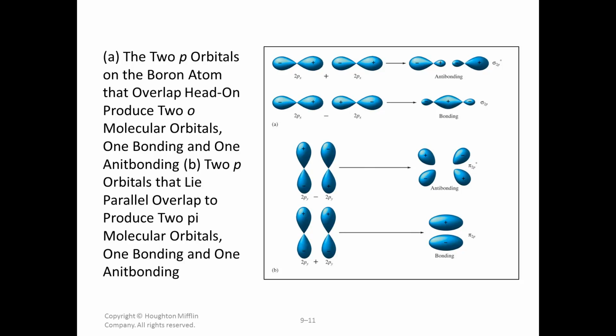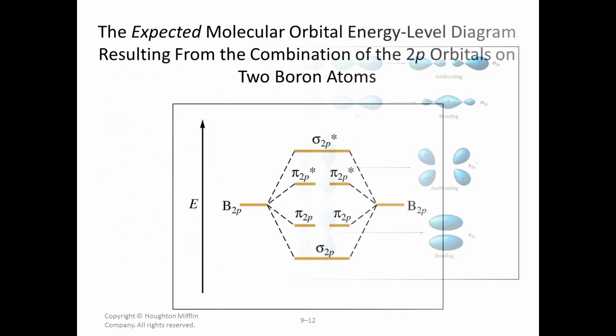Remember, there's 2 sets of parallel p interactions, one on the py, one on the pz axis. So we get 2 degenerate pi 2p molecular orbitals. Keep in mind that the sigma bond is stronger than the pi bond, so the sigma is lower than the pi bond in energy.